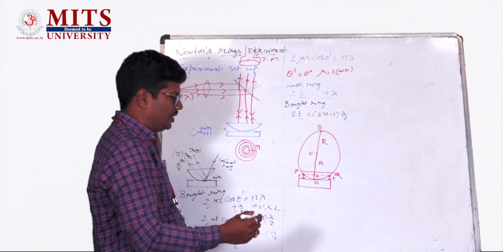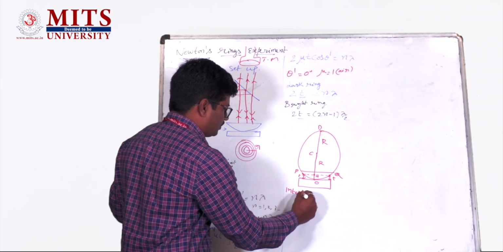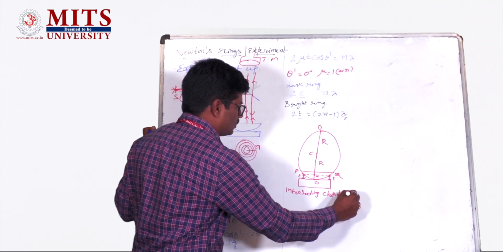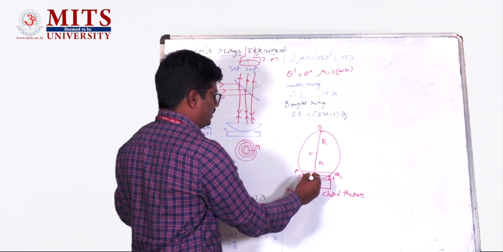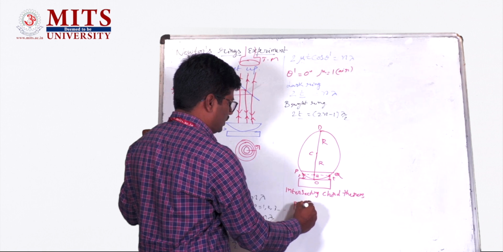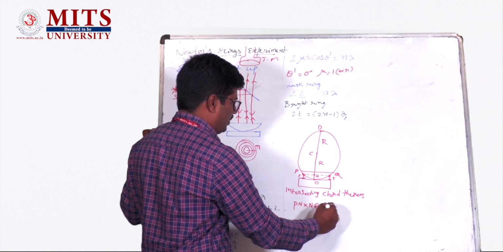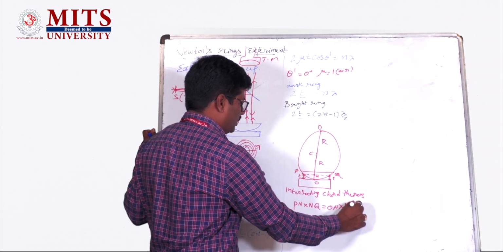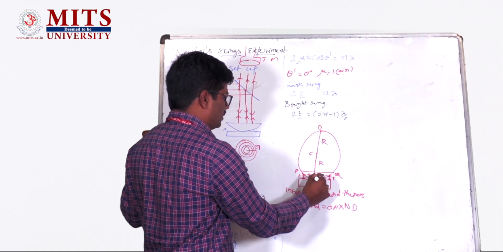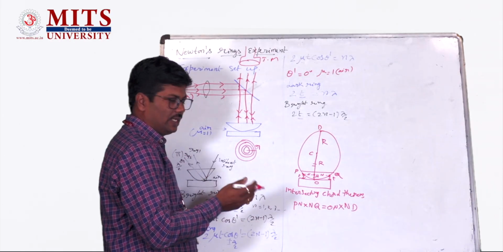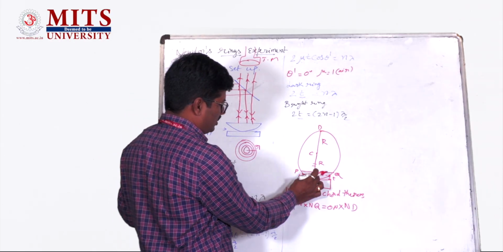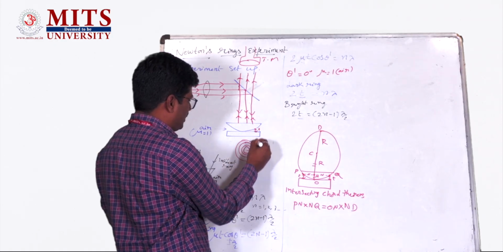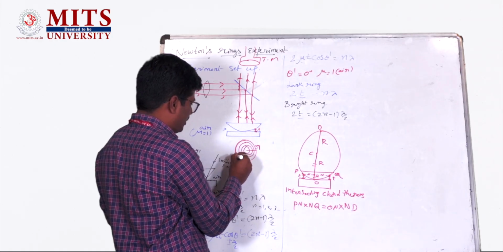In mathematics we have the intersecting chords theorem. What the intersecting chords theorem says is that PN into NQ will be equal to ON into ND. So PN is equal to the air film thickness resulting in the formation of this ring.